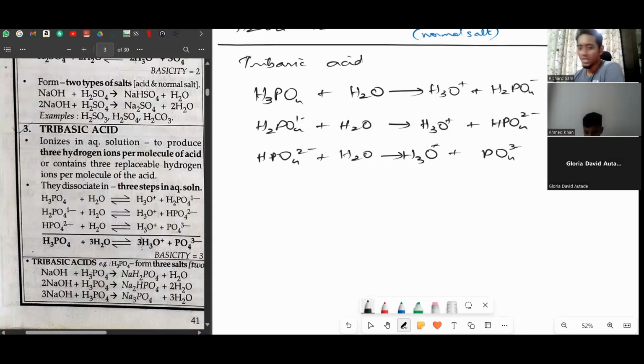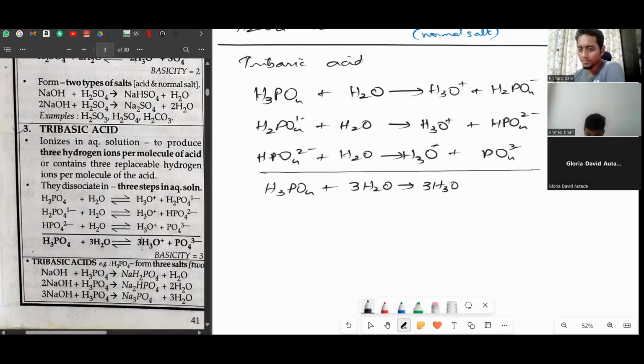Is it clear? If you write all these three in one step, how will it be? H3PO4 joins with how many water molecules? 3 water molecules to form how many hydronium ions? 3 hydronium ions and PO4, 3 minus. Okay?